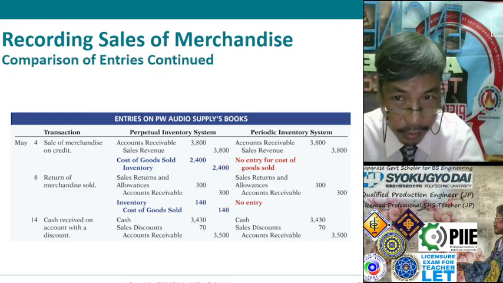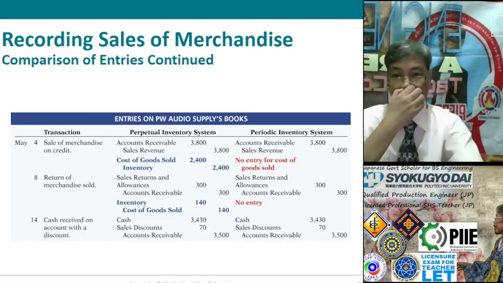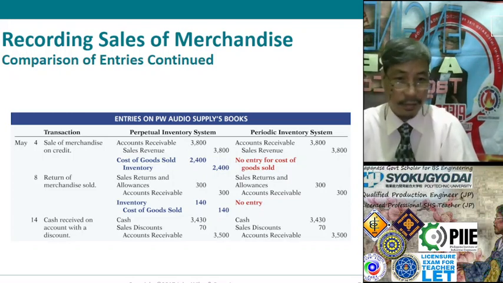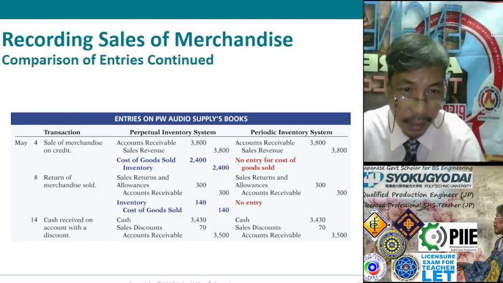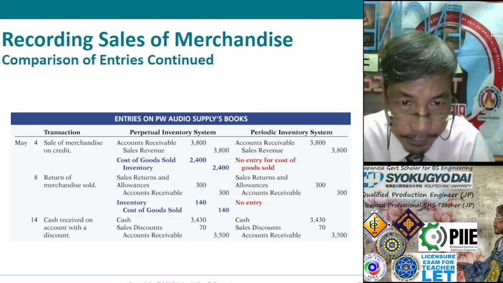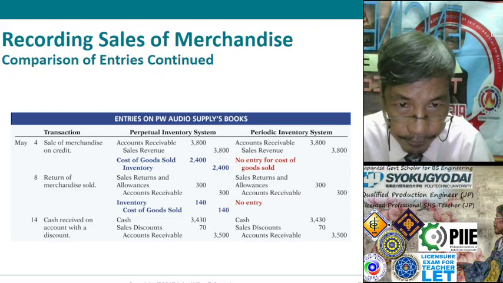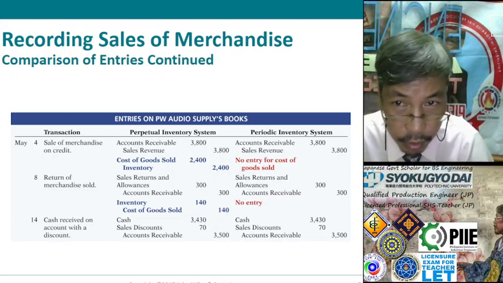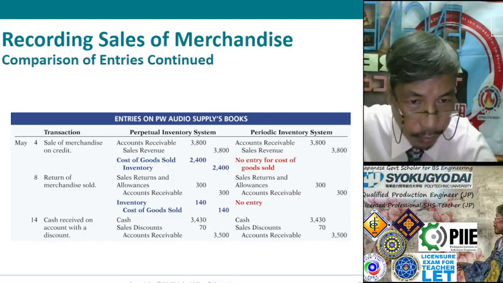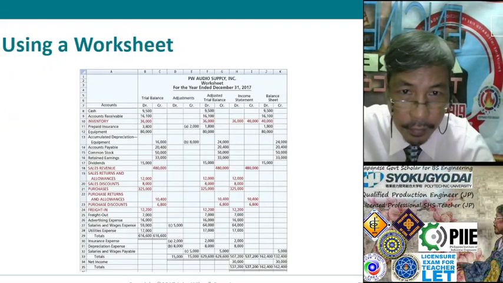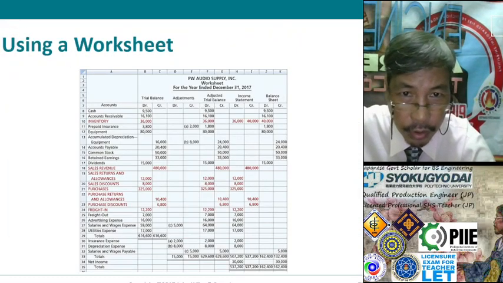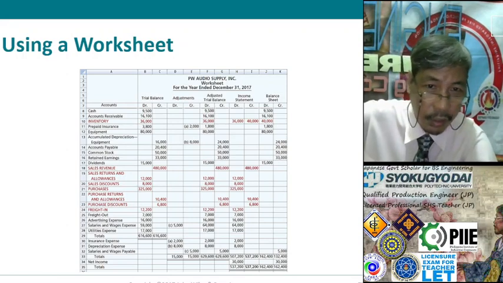There are returns. No need to record because later on you will count physically. No need. So also on cost of goods sold, no need to record on a per transaction basis. Then use a worksheet. Take a look.